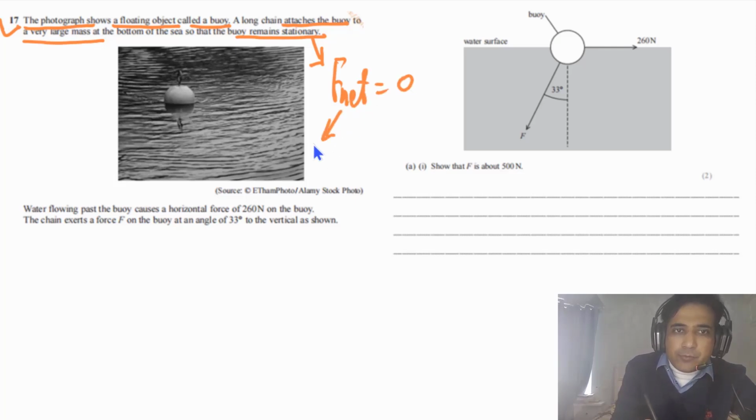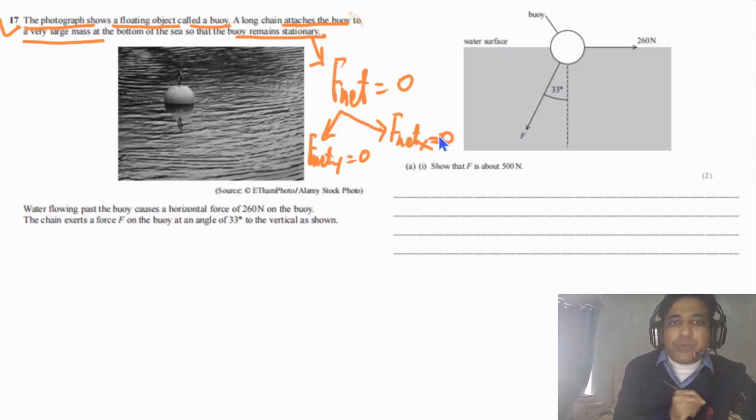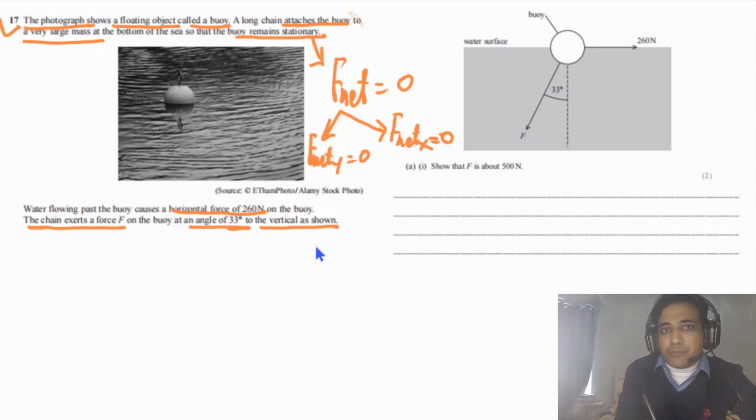We can say net force F net along y is equal to 0 and F net along horizontal, along the x direction, is also equal to 0. It is also given that water flowing past the buoy causes a horizontal force of 260 newtons on the buoy. The chain exerts a force F on the buoy at an angle of 33 degrees to the vertical as shown in the figure.